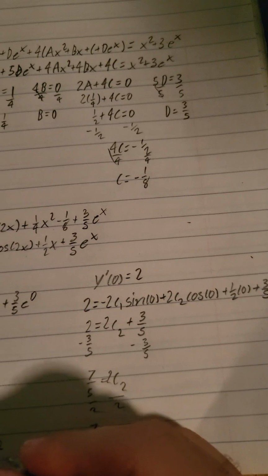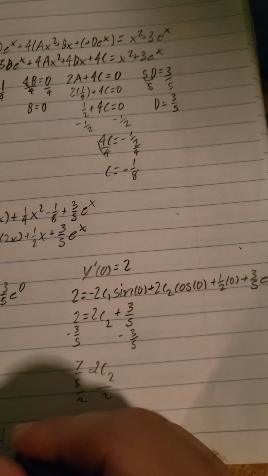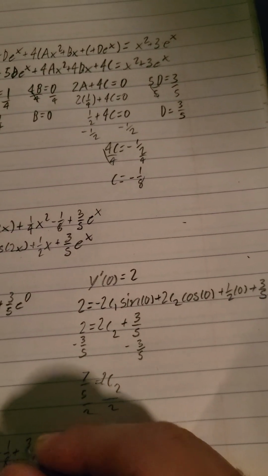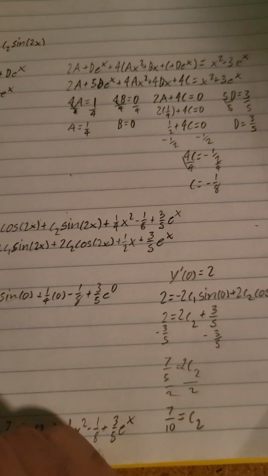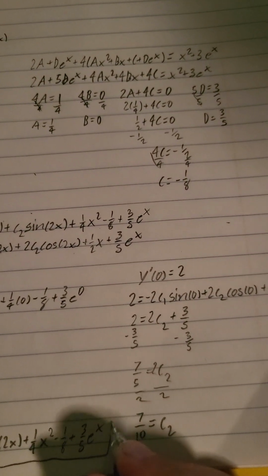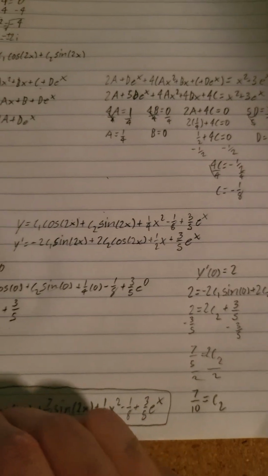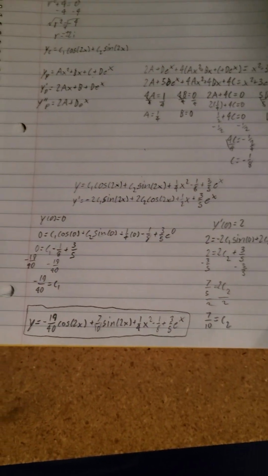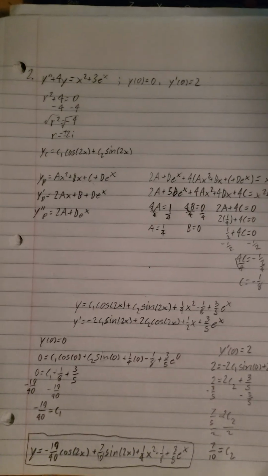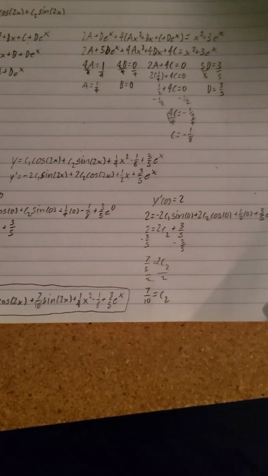And back to here, quarter x squared minus an eighth plus 3 over 5 e to the x. And there it is. Here's the whole thing. All right.